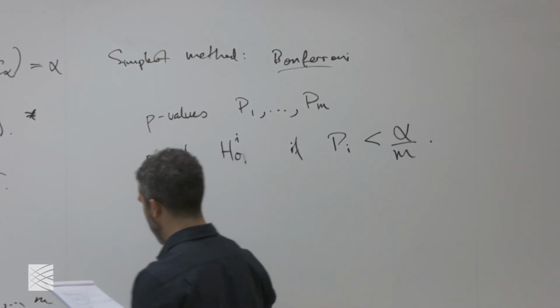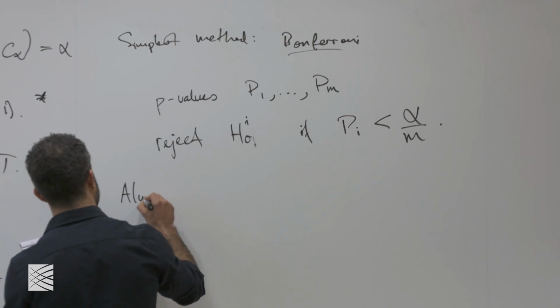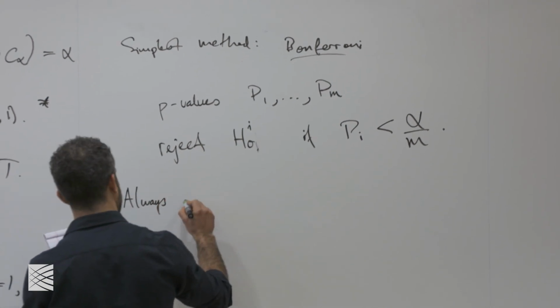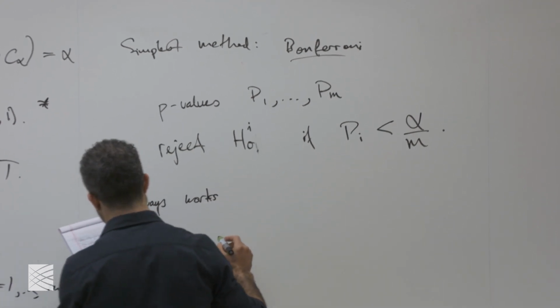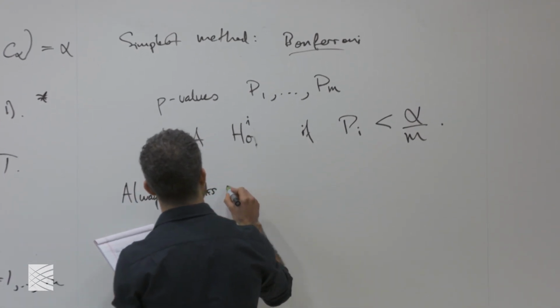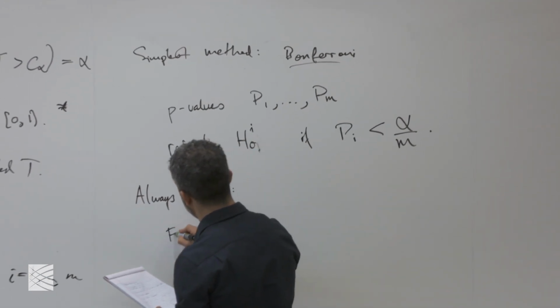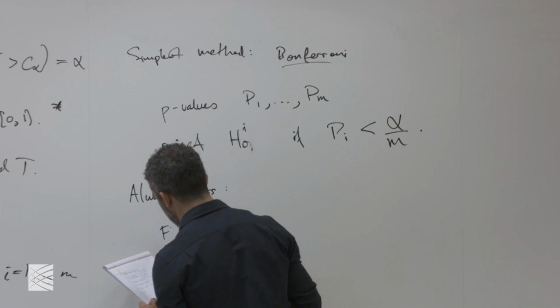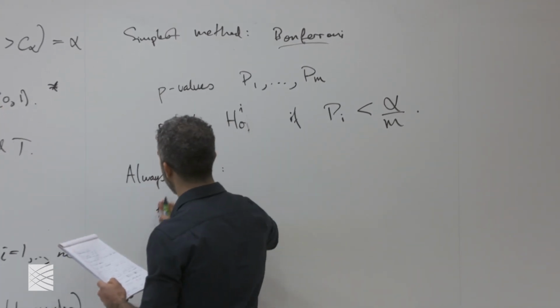And why does this work? It turns out this always works. You do not need independence or any other assumption. And the reason that it always works is because the proof involves something that is always true, which is called the union bound. Okay, and I'm going to show this to you. This is the only thing I'm going to prove in this.